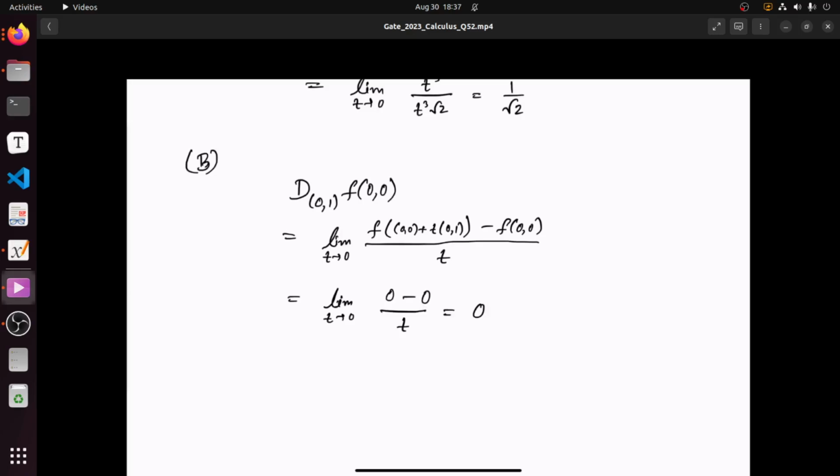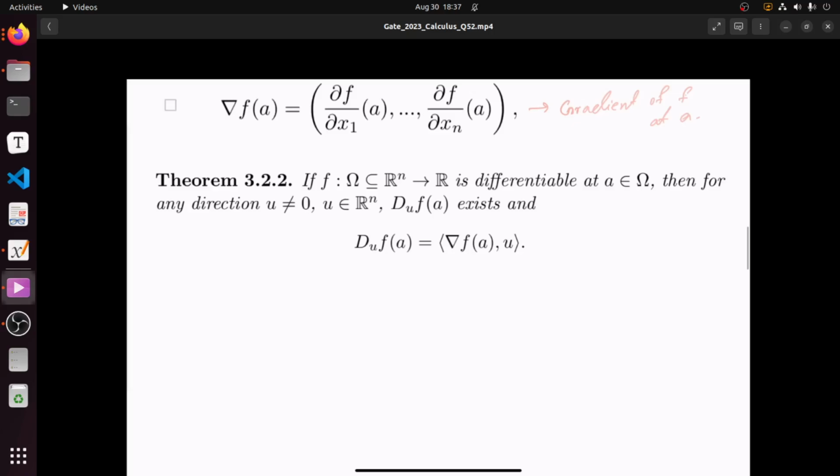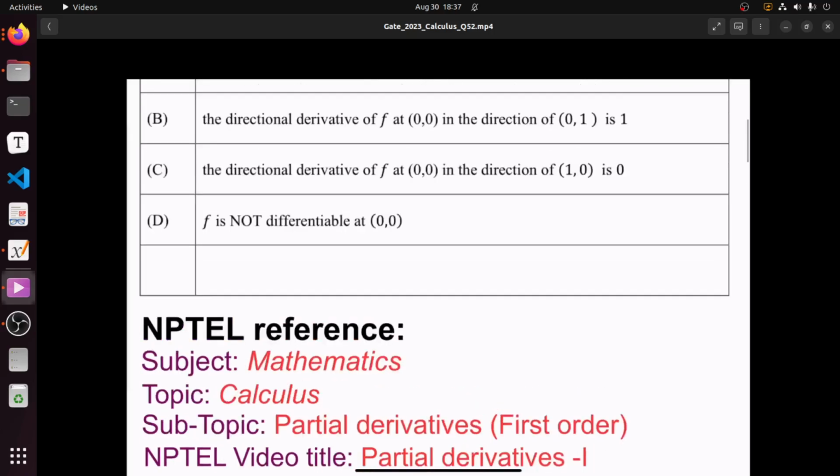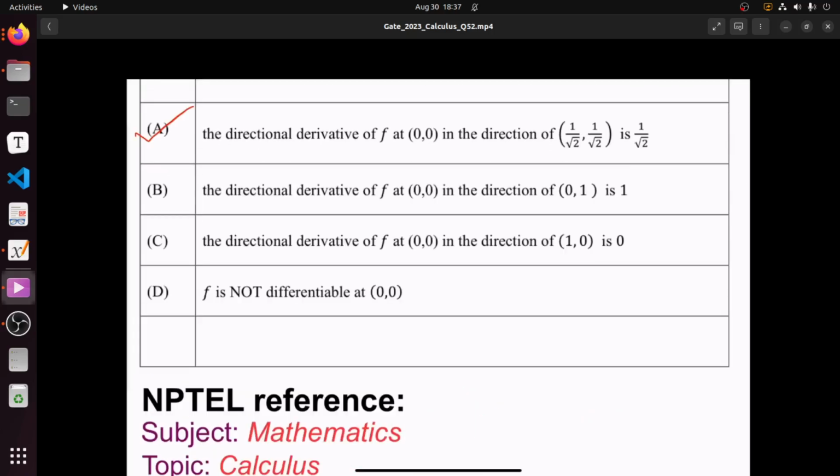So the directional derivative of f at the point 0, 0 in the direction of 0, 1 is 0. So this is basically the partial derivative, del f by del y at the point 0, 0. So this is 0. So option number B, what is it saying? They are saying this is 1, so this is false.